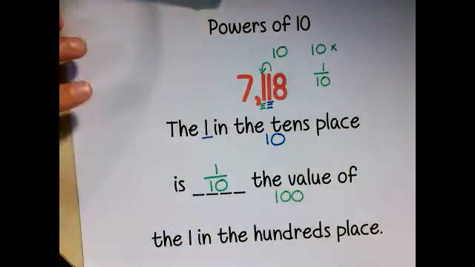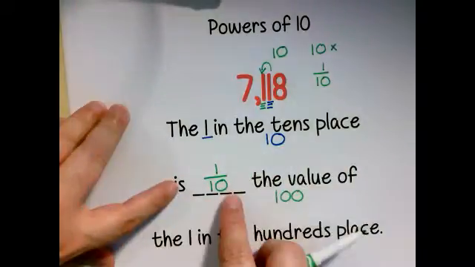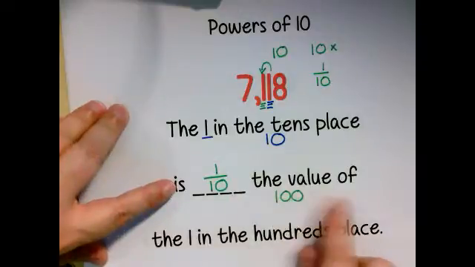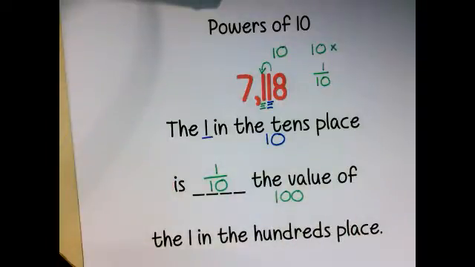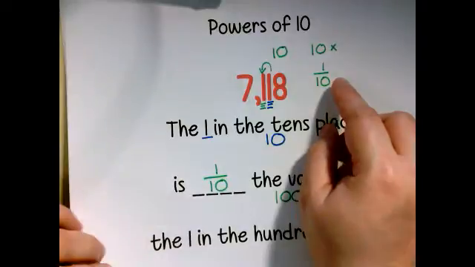And read it back to make sure that it makes sense. The 1 in the tens place is 1/10 the value of the 1 in the hundreds place. All right. So just be careful, and you can even write your two choices down to give you an idea of what you're choosing from.